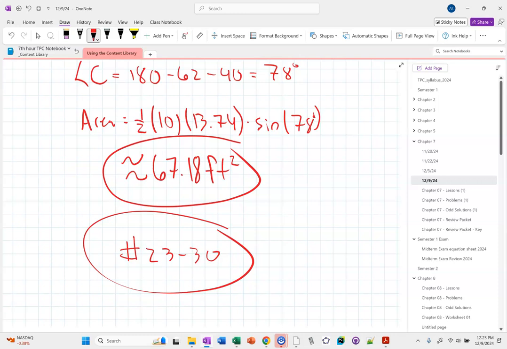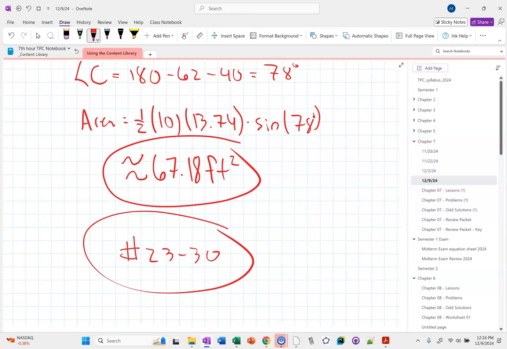I also want to point out to you on the OneNote, under the exam heading there, I have the equation sheet that I'll give you with your final exam. My suggestion to you is, as you're doing your review, have that equation sheet open. And if you have to pull a formula or use the equation sheet to get the unit circle or something, you make a note of that on your review to remind yourself on the exam, hey, when I get to a question like this, I need to go to the unit circle.